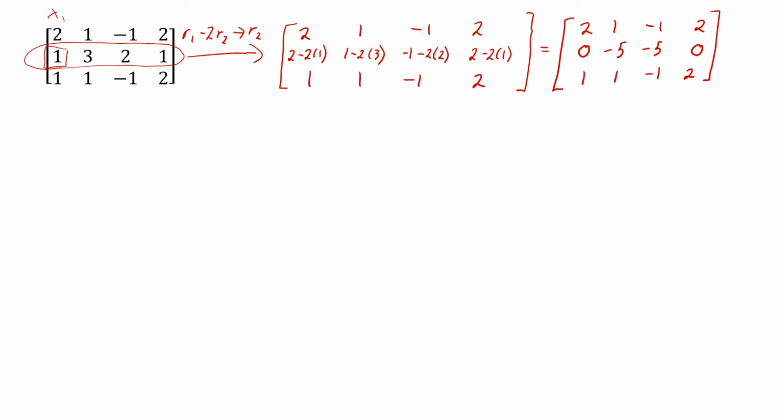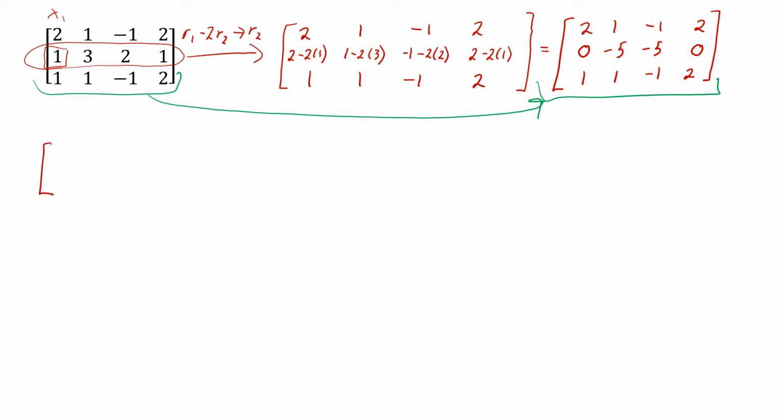So with an elementary row operation, I have taken my starting matrix and turned it into that matrix. That is an elementary row operation. So now I'm just going to recopy that matrix down here, just to give myself a little more room.